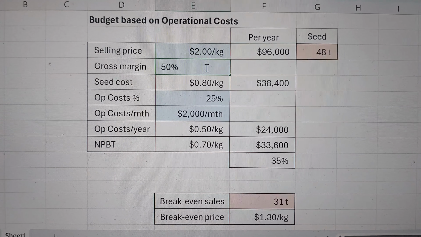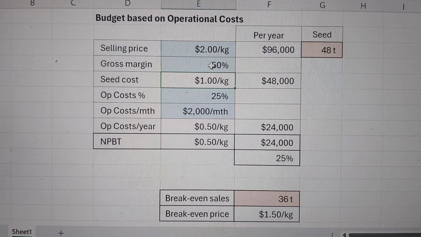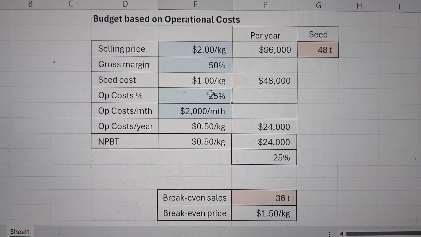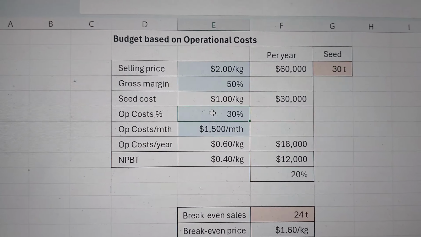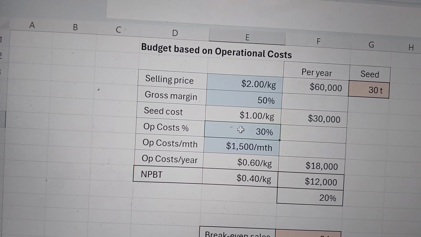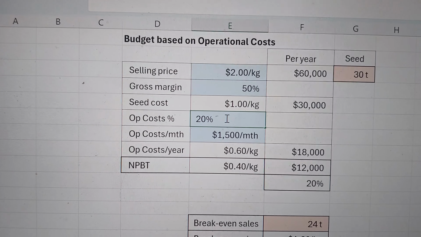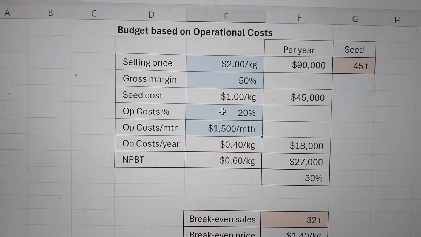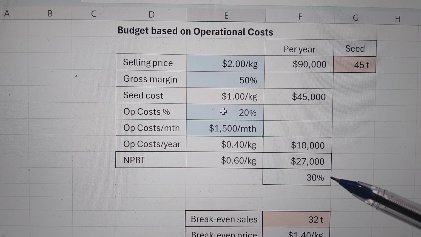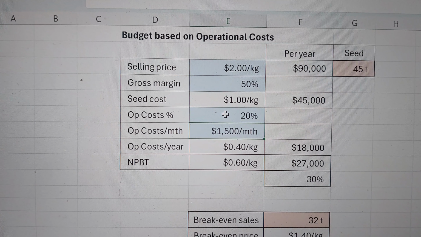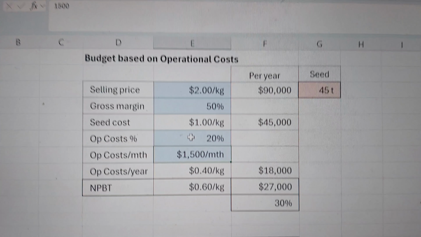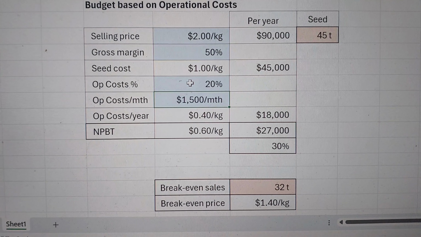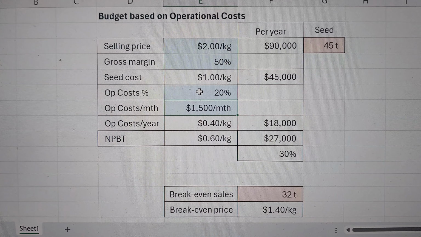And the other way to improve your profit is to decrease your operating costs. If we reduce our operating cost to 20%, our profit goes up to 30% with a gross margin of 50%. So you can see these equations are actually very simple and interconnected.